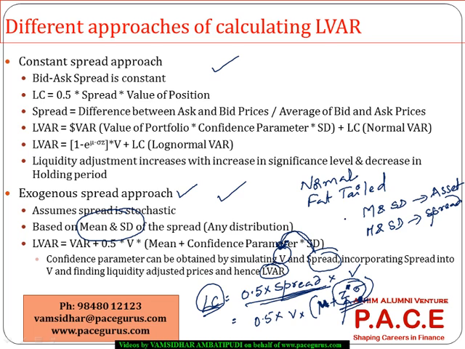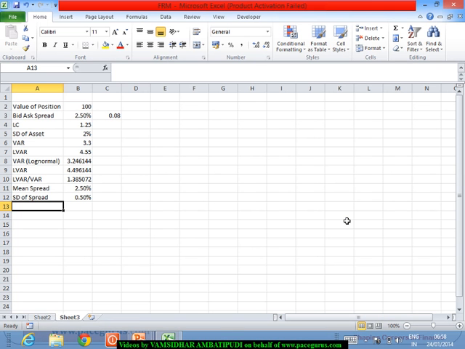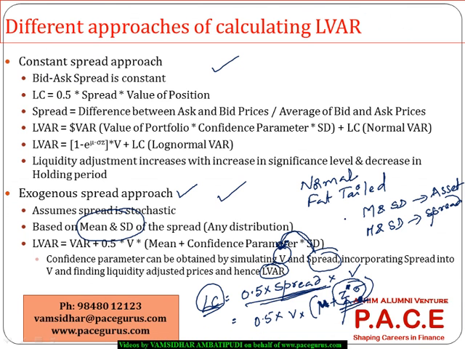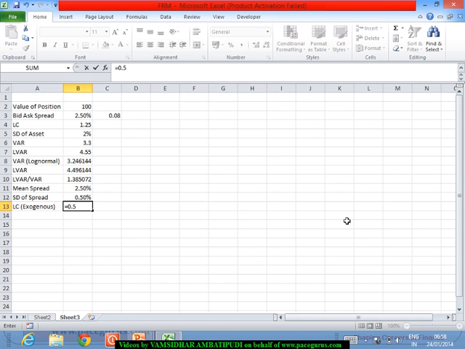In the same example, if I have to compute the additional liquidity cost assuming exogenous spread, all I am considering is 0.5 times V times mu, where mu is 2.5%, plus Z dash.